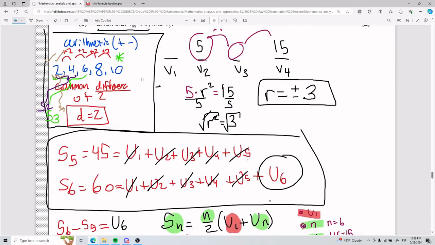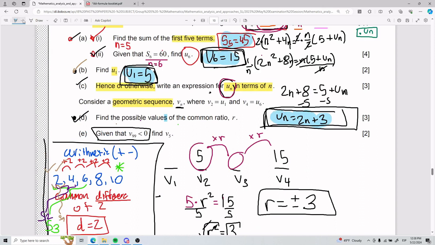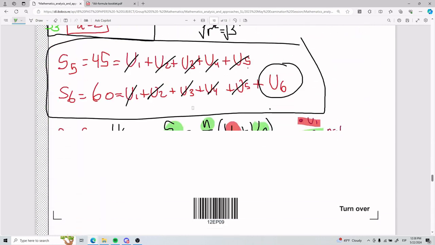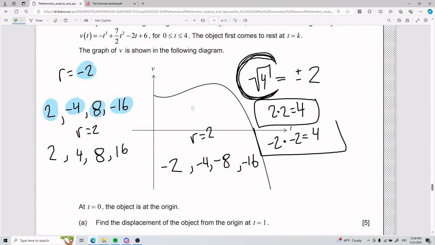And so here, they're telling you that your 99th term, which is way out, is negative. Your 99th term is less than 0. If somewhere along the line I have some terms that are positive and some that are negative, r by logic has to be negative.